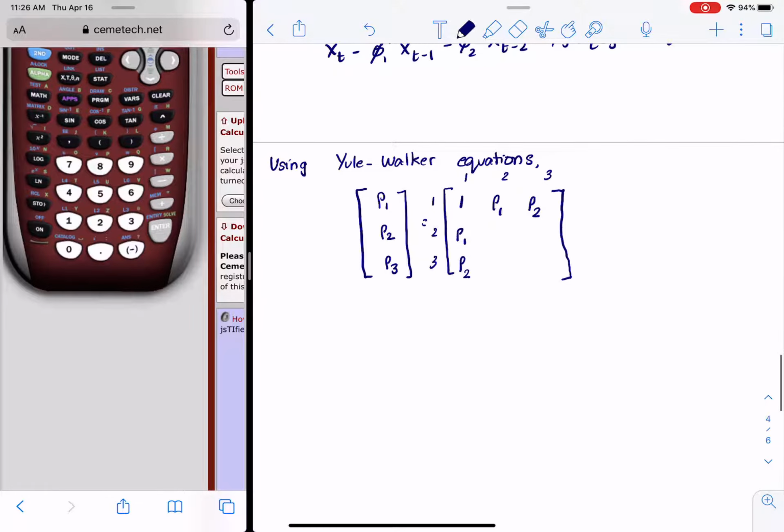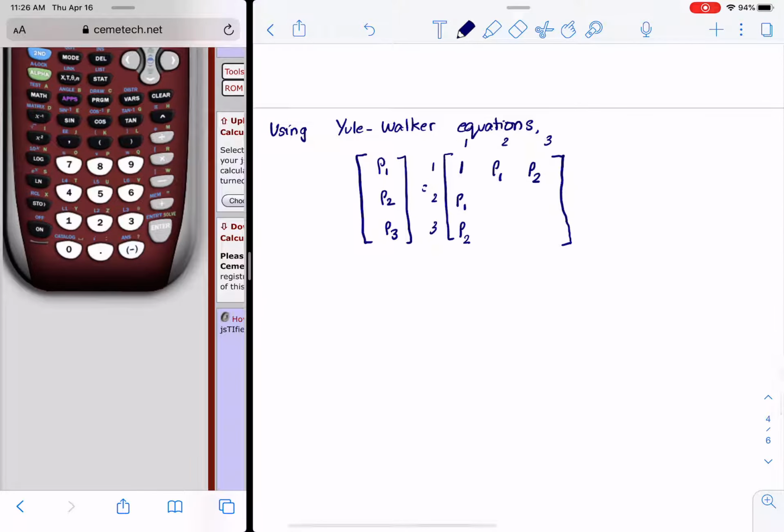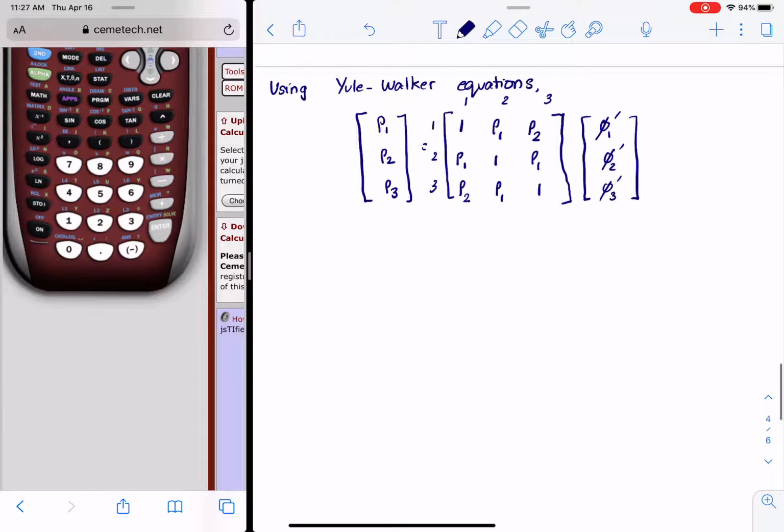2 minus 2 is 0, and rho 0 is 1. 2 minus 3 is negative 1. Using symmetric property, we have rho 1. 3 minus 2 is 1, so we have rho 1. 3 minus 3 is 0, rho 0 is 1. And that would be the Yule-Walker equations for the model that we simply have from the ARMA 2-1 model.